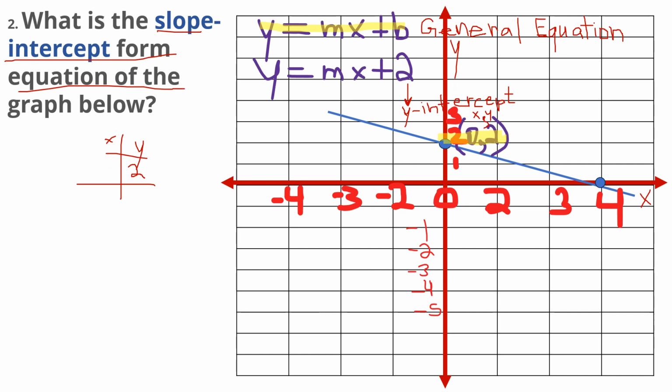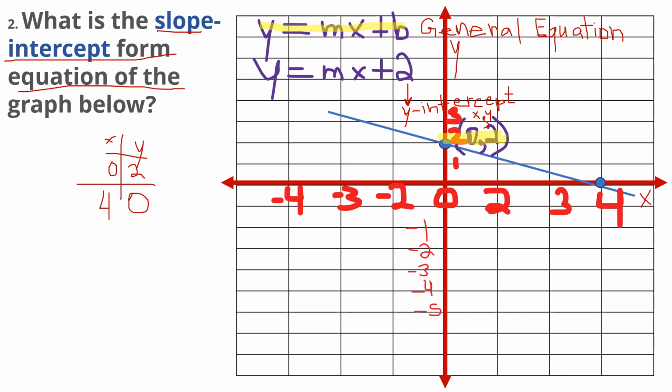From this position, you can also look at another point, which would be 4 and 0. You can try that.